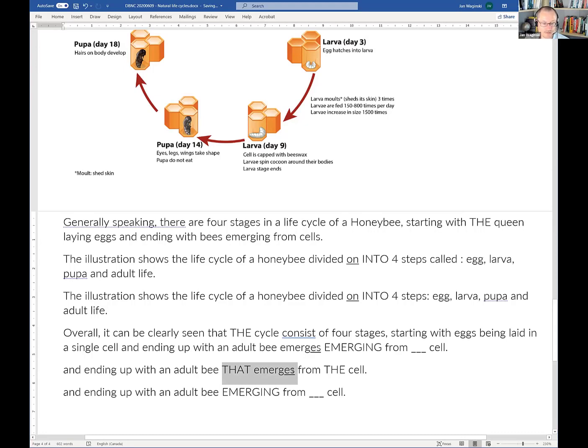And relative clauses, in many, many cases, you can simply transform into participles. Okay, so that's where it's coming from. This is active voice, so it becomes an active participle.